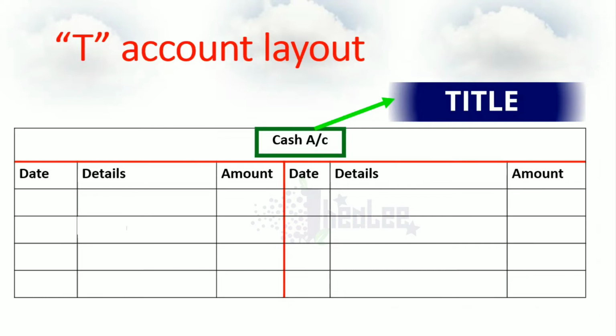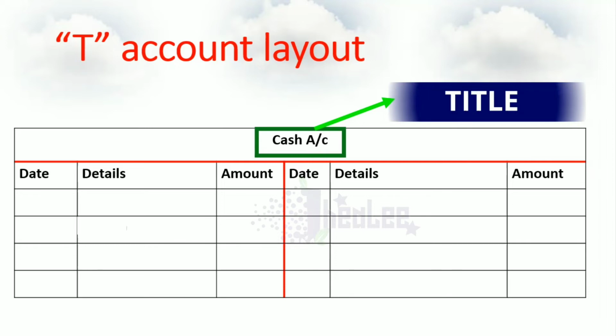So that's a T account for cash. And you will need a separate T account for bank. If the transaction affects capital as well as office machinery, you would need a T account, that is a ledger account for office machinery, and you'll also need one for capital. So each item that is affected needs its own T account.